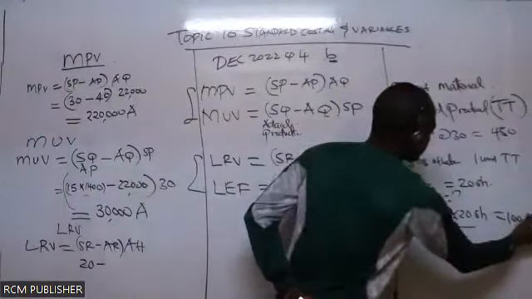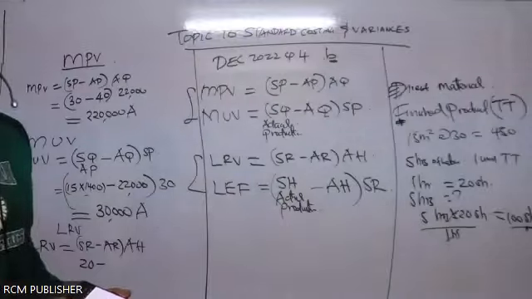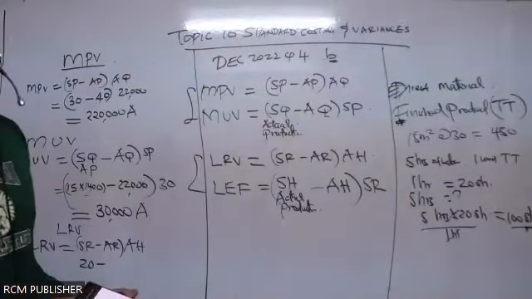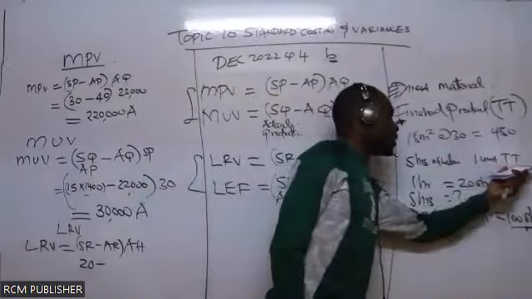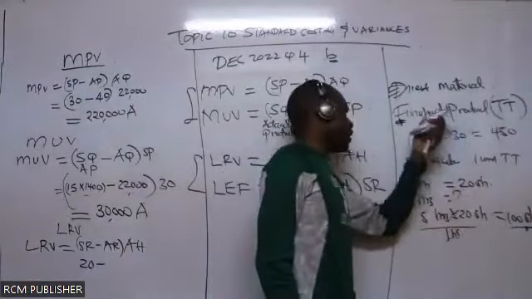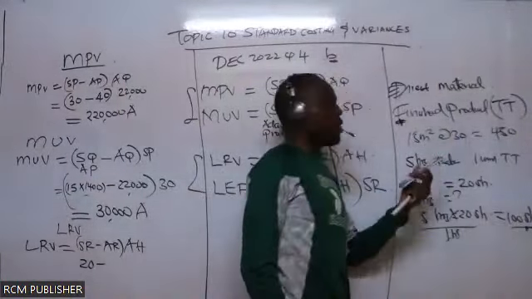Who is this? Faisal or who? Yes. Is it going to be 100 to produce 1 unit of TT, or 20 shillings per hour? What are we going to have?